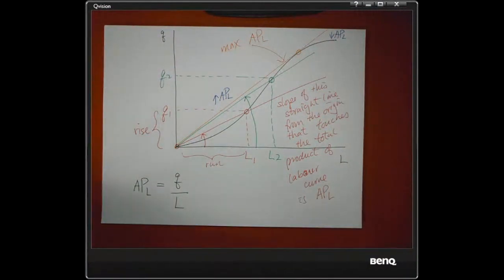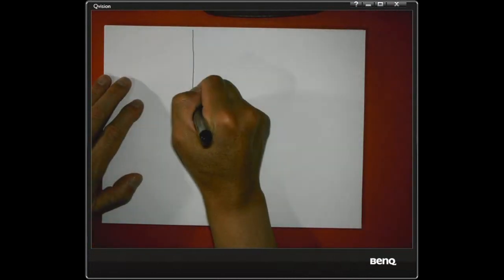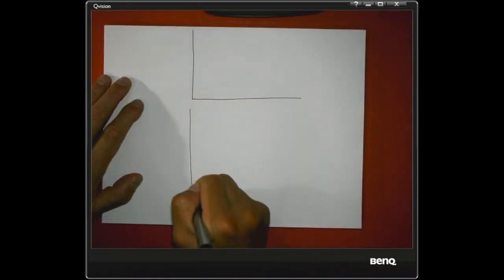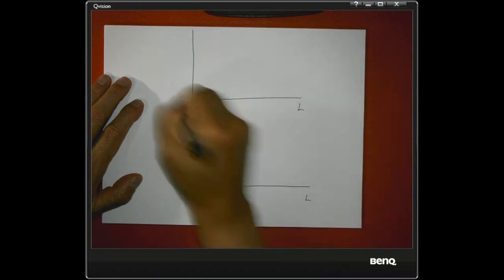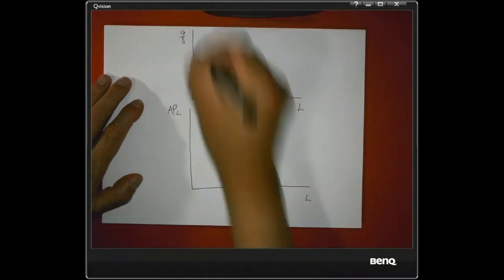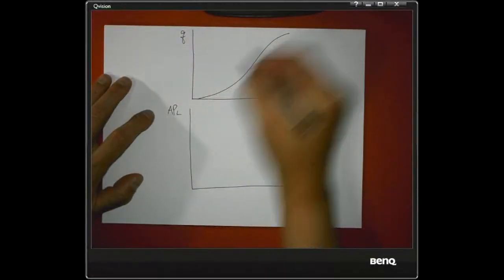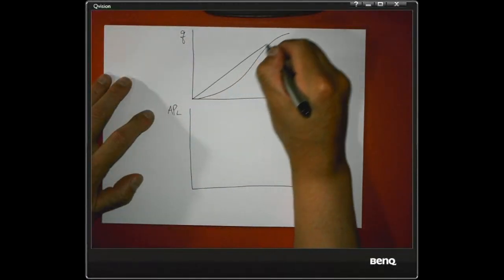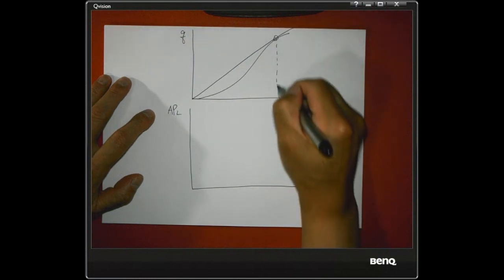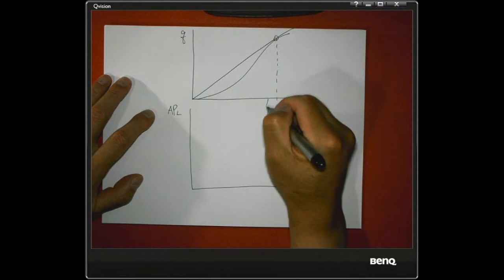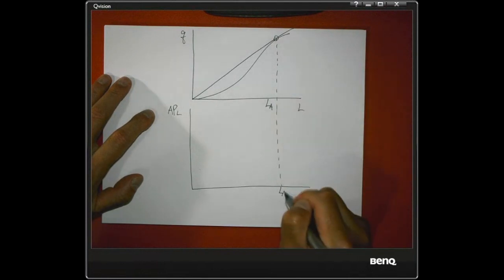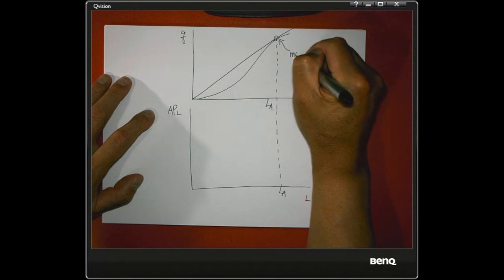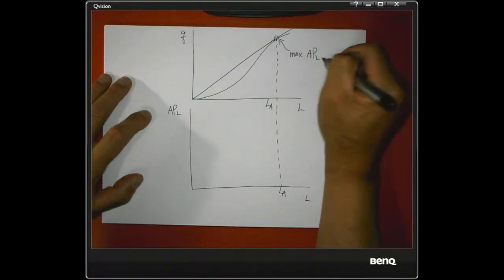And now, we can use this observation to help us plot the average product of labor curve. Let's call this labor input LA, because in here you get the maximum average product of labor.